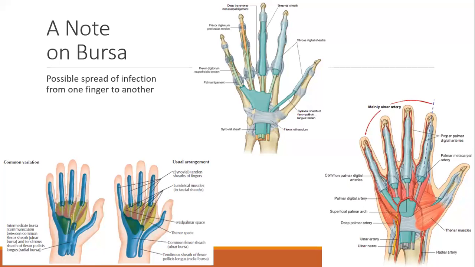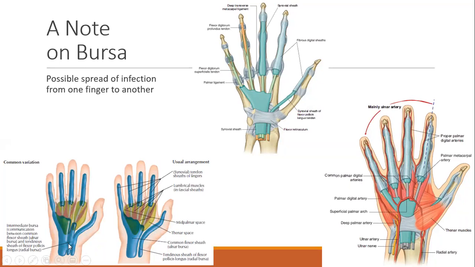No, that's correct. So for this one, the infection would come down, but there's no crossover between the bursa here. Wait, I thought she mentioned something about a horseshoe effect. The common horseshoe effect is the variation, for this one.